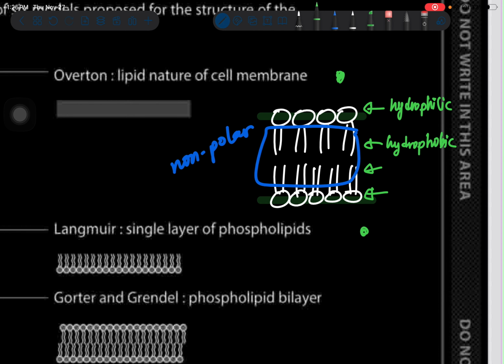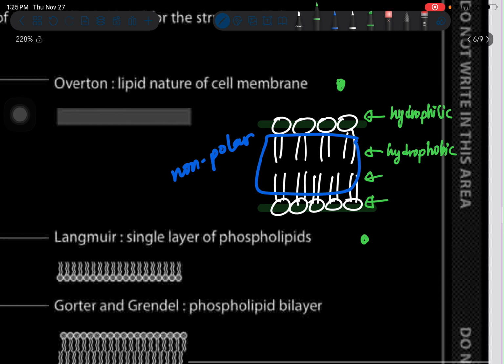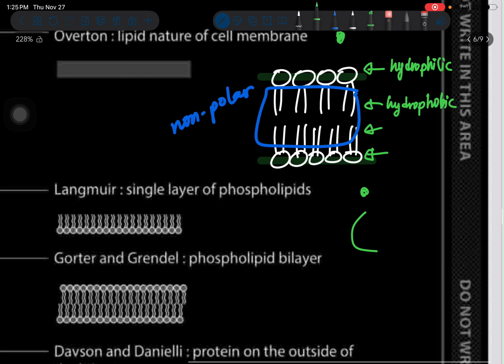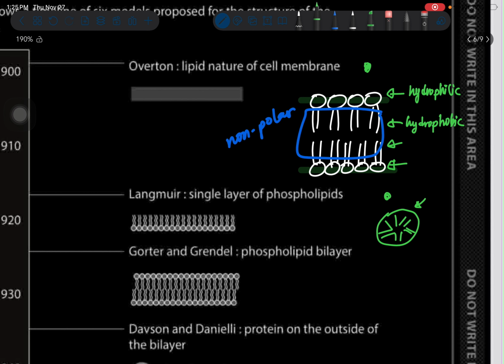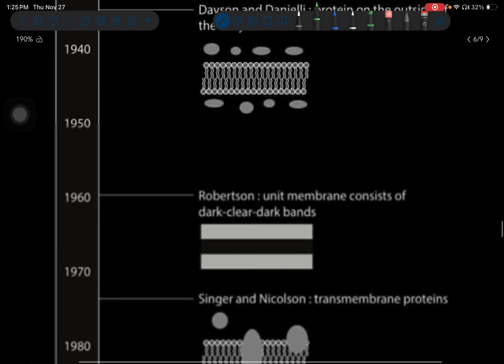So even if we try to keep one single layer of phospholipids, it will not stay like that. It will turn into a circle with the heads on the outside and the tails on the inside. That's basically how a phospholipid works. It will always try to shield the tails inside and keep the heads on the outside.